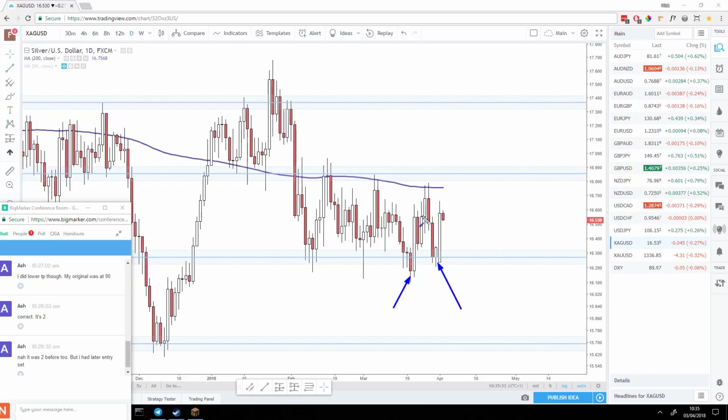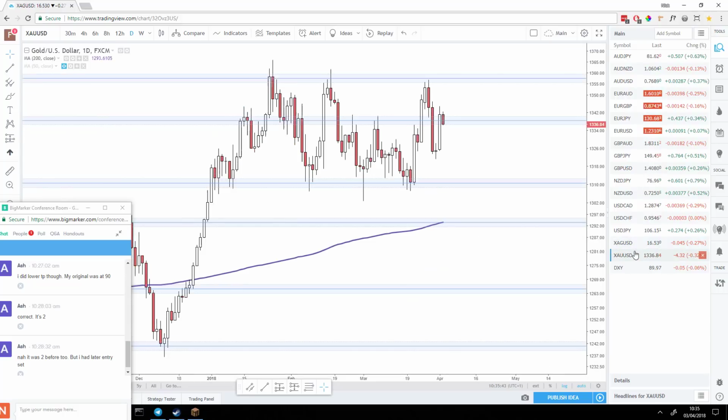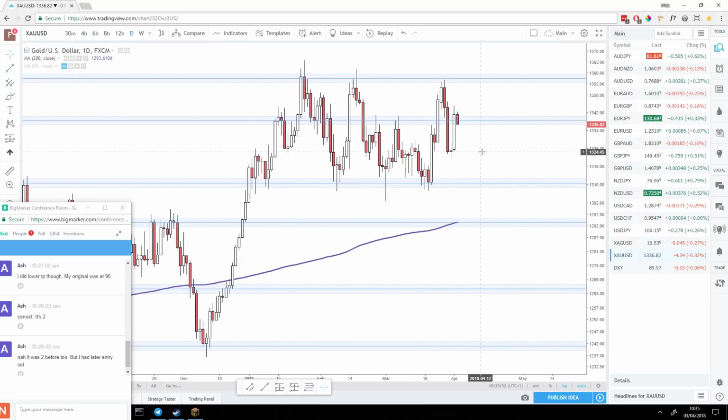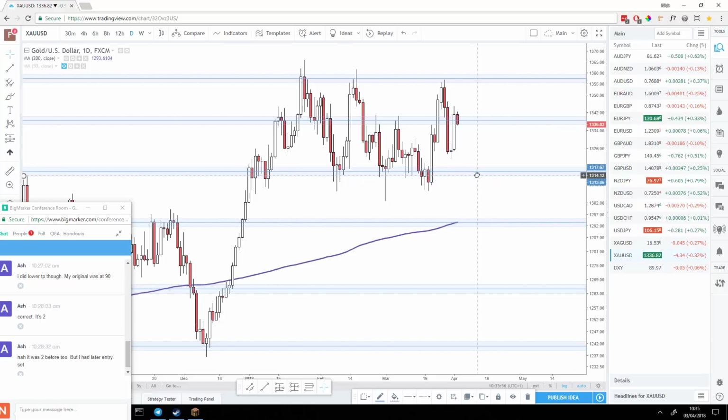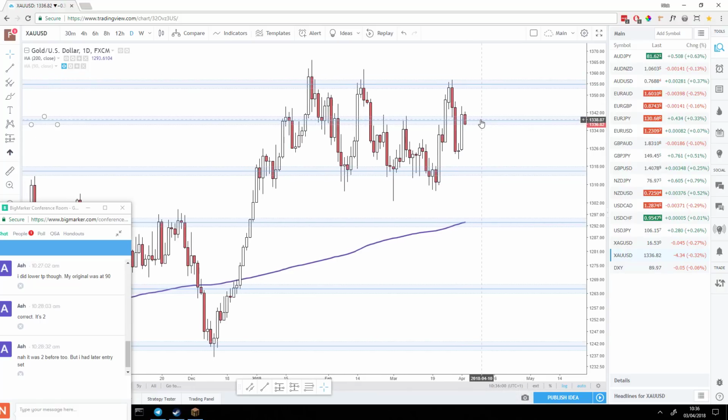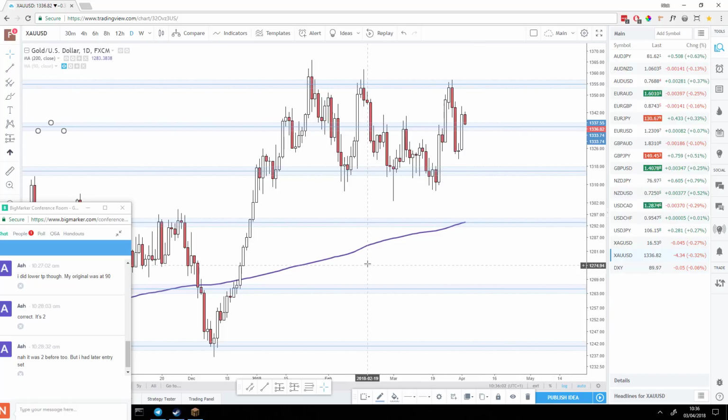Some really good trade opportunities, but right now it's in between support and resistance, so not much going on there. Then we've got some gold. What's gold doing? Nothing much really happening with gold, guys. Just these areas a little bit, but nothing much going on there.